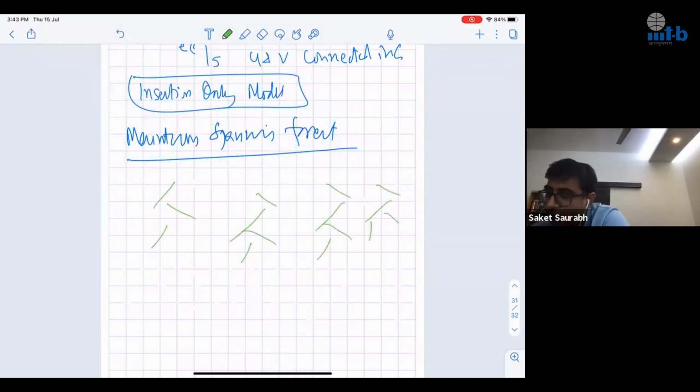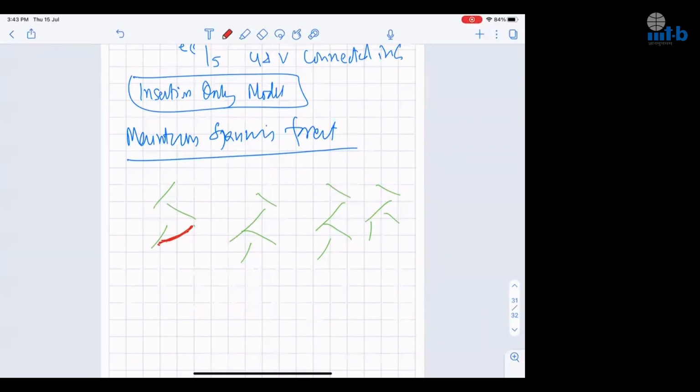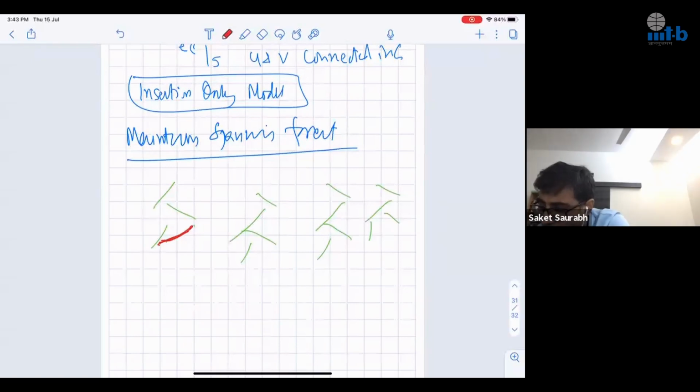A new edge comes, and I check: if the edge puts a cycle in this forest, in the tree, what will I do? Should I keep this edge? No, because it is not giving me any extra information. So if such an edge comes, you let it go.